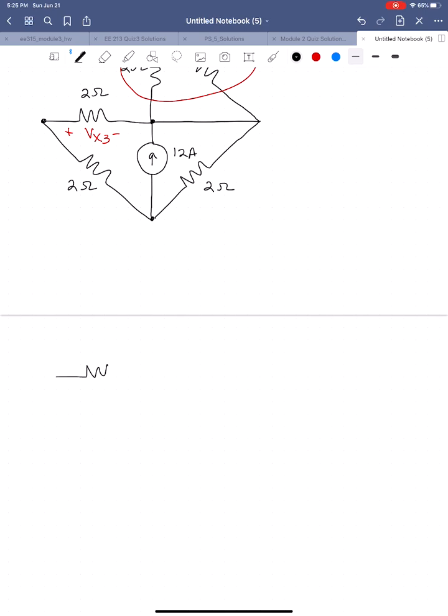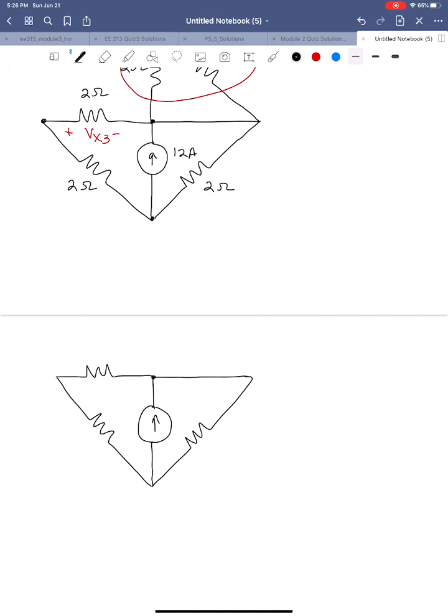We've got this 2 ohm resistor, this 12 amp source, this 2 ohm resistor, the short here where our source was, and this 2 ohm resistor.